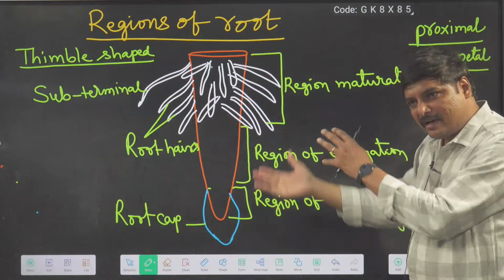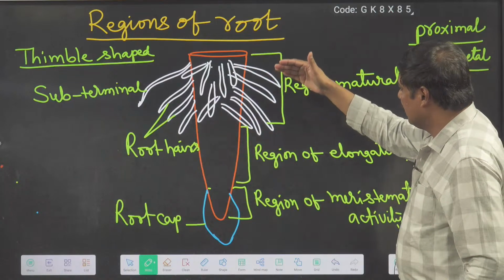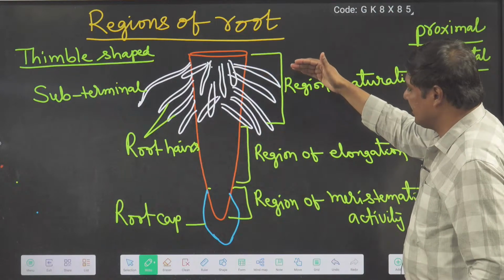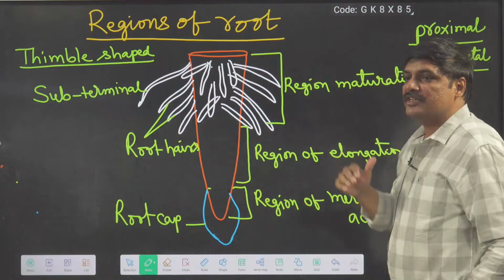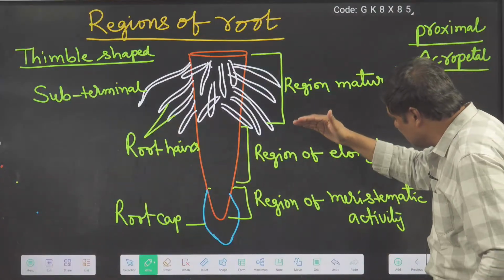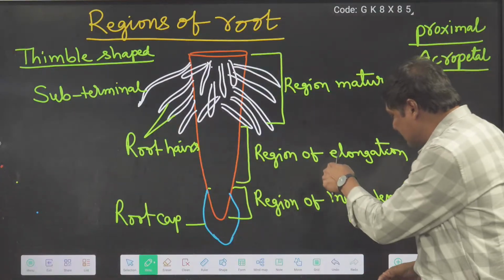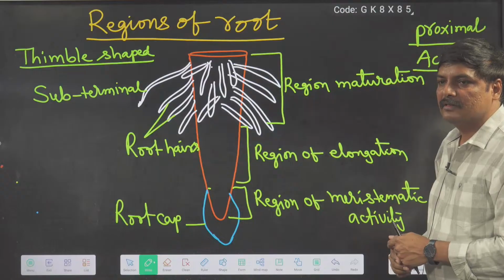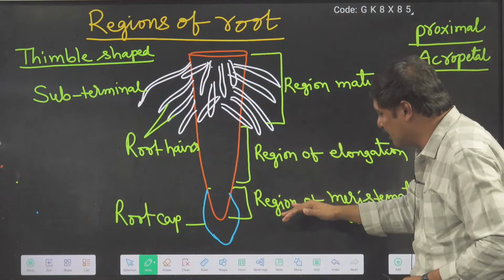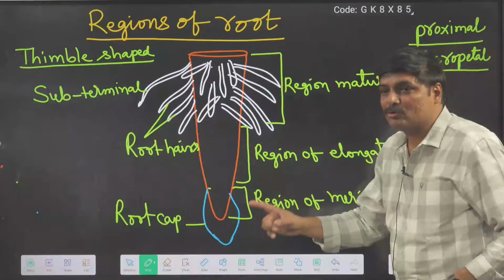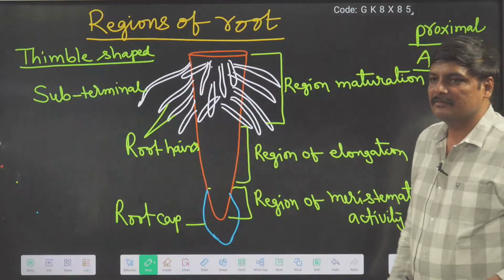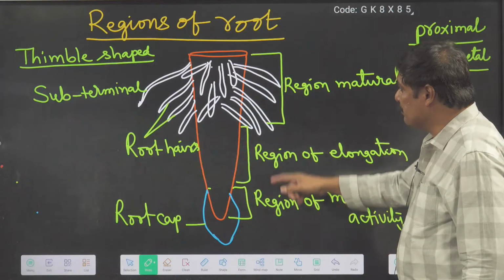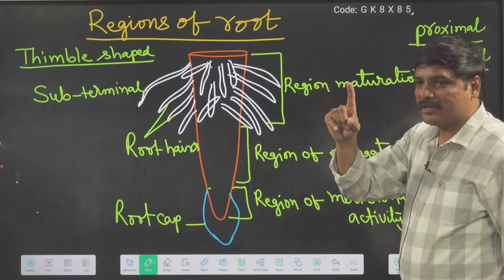Or you can say it like this. Distal to the maturation region, the elongation region is present. Distal to the elongation region, the meristematic region is present. And distal to the meristematic region, the root cap is present. From tip to base, proximal.